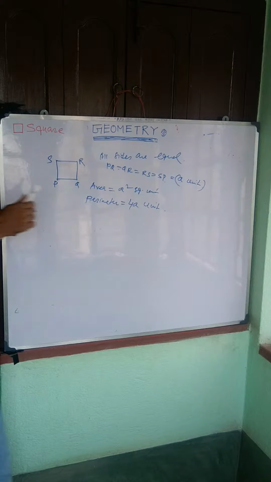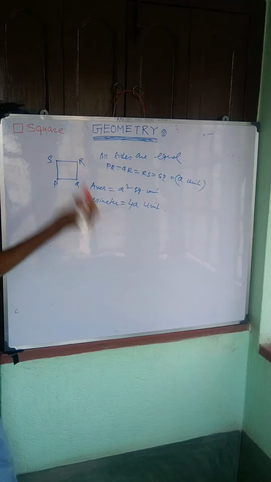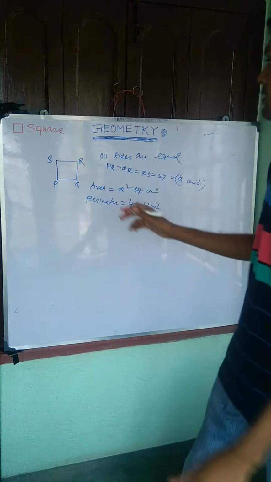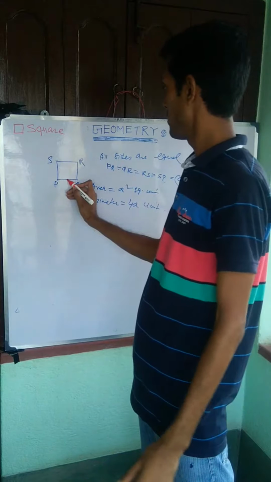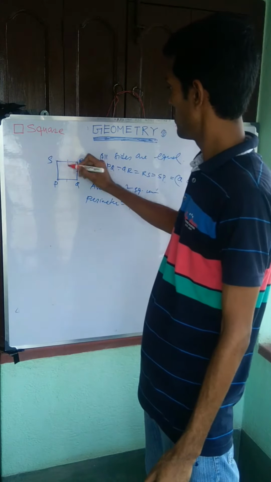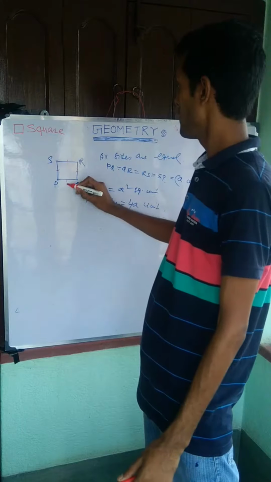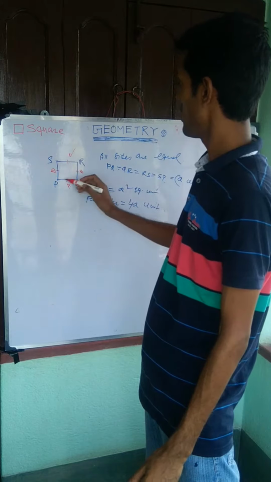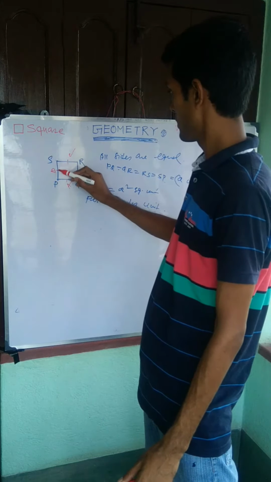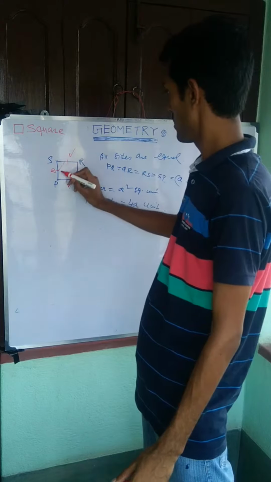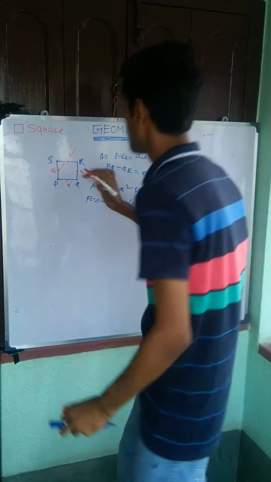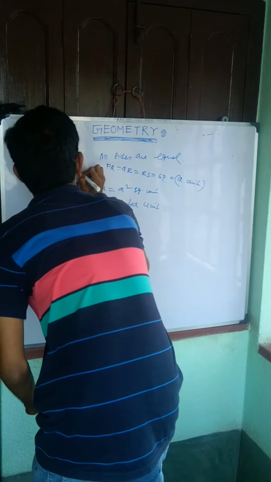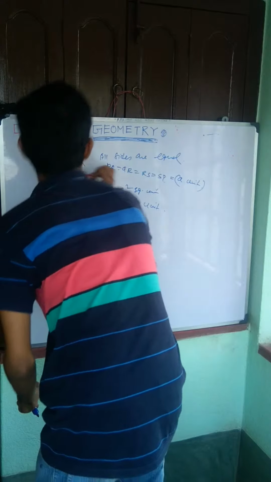Now next, similarly for any geometrical figure, if you join the midpoints of all the sides, it makes a square.